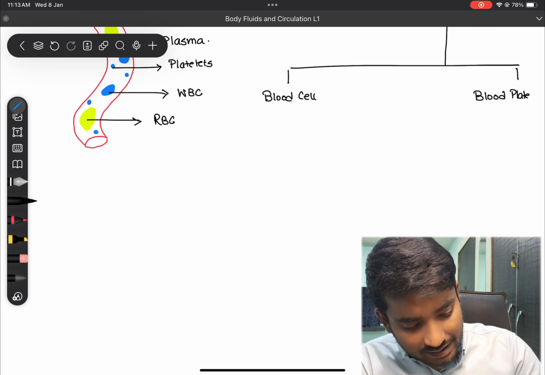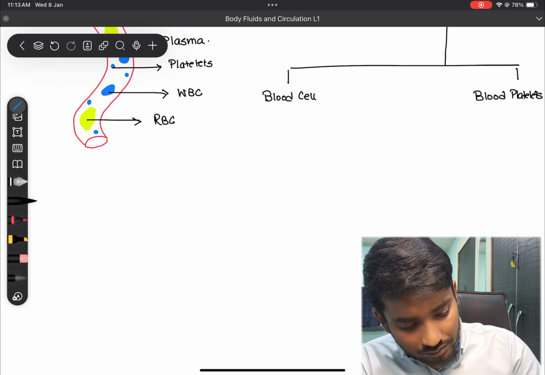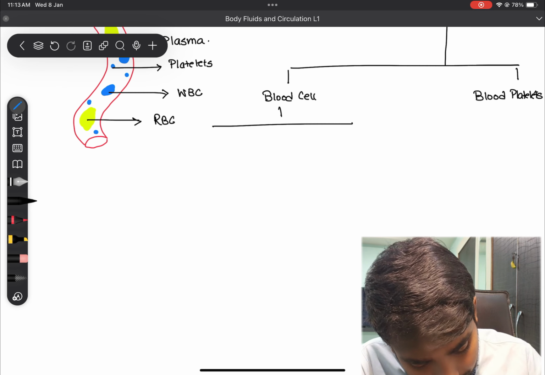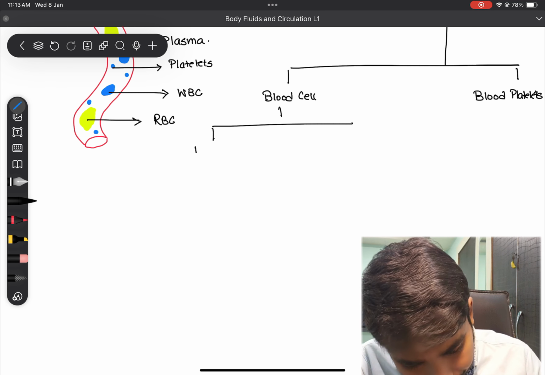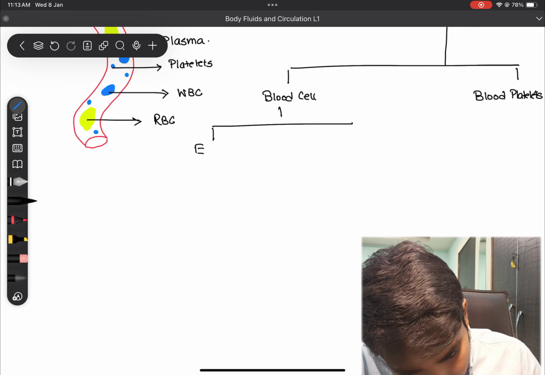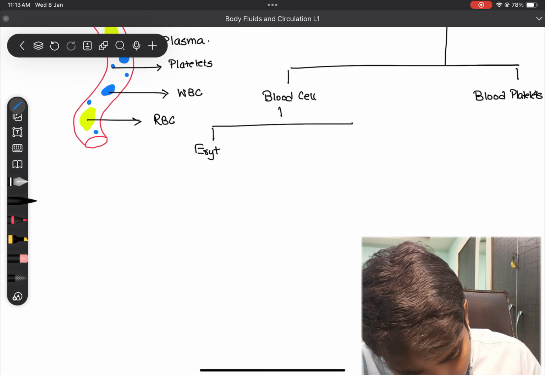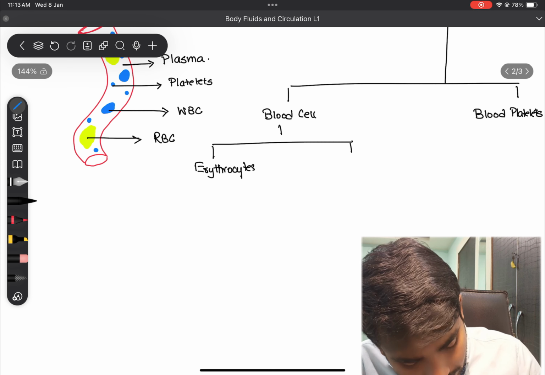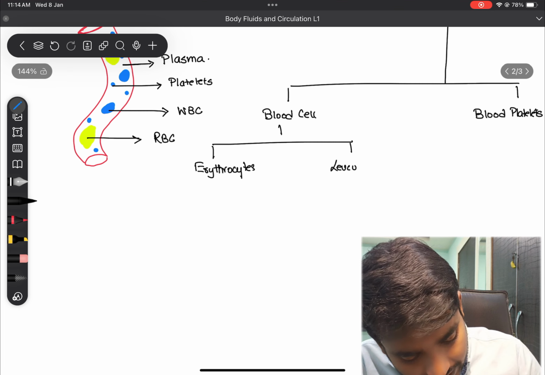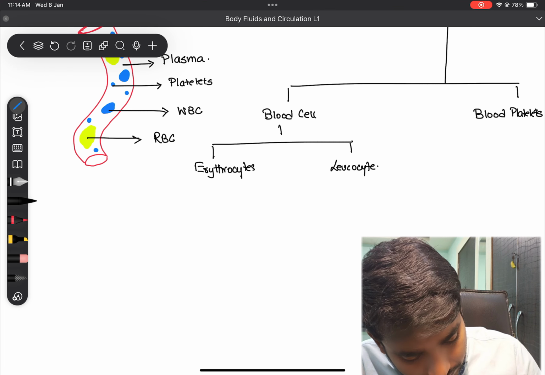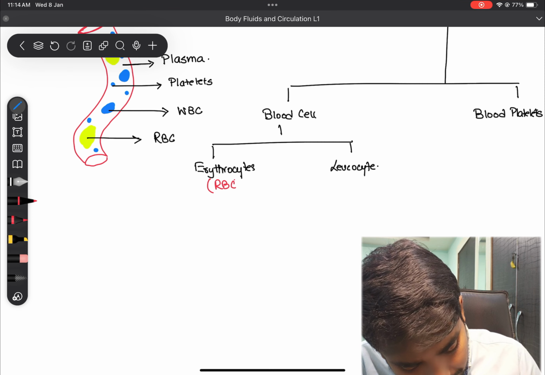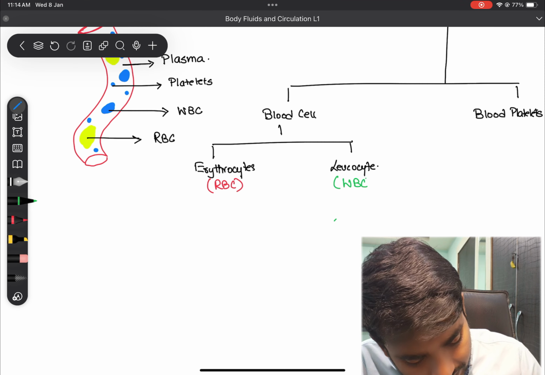Blood cells can be differentiated into two: the erythrocytes and leukocytes. Erythrocytes are called RBC, leukocytes are called WBC.